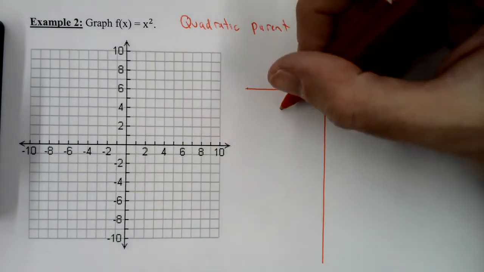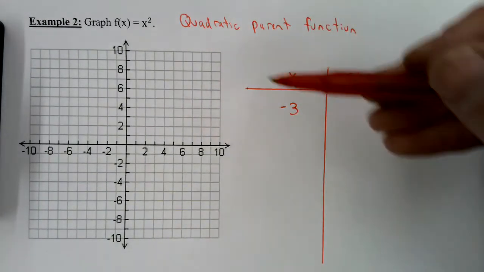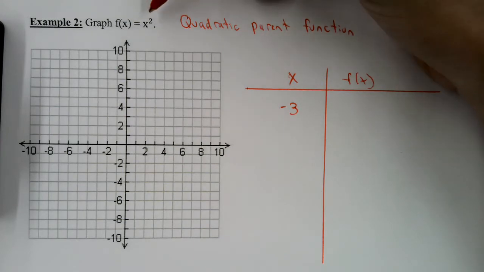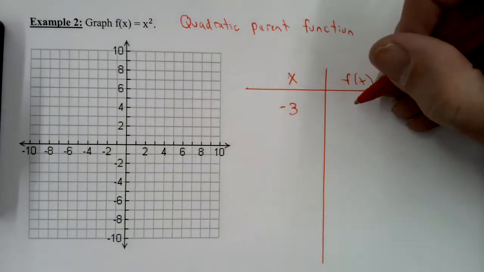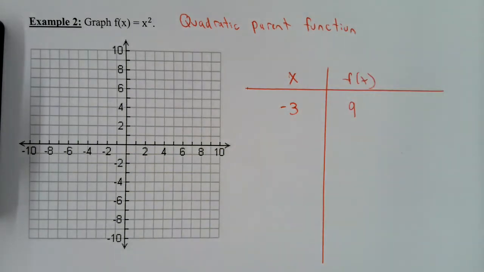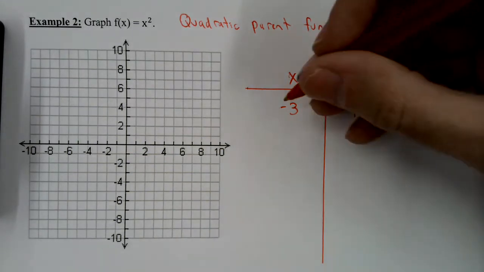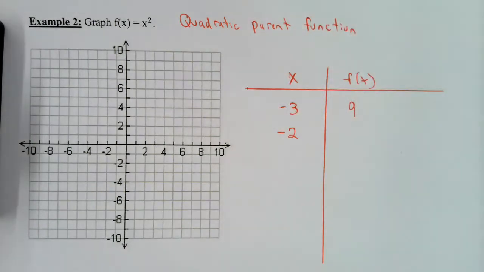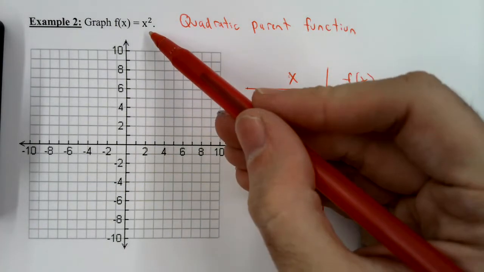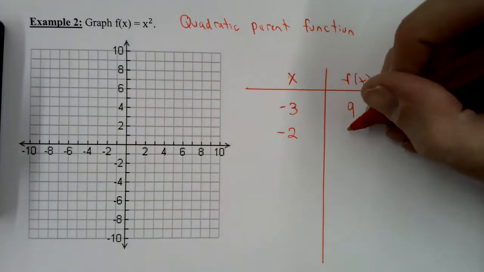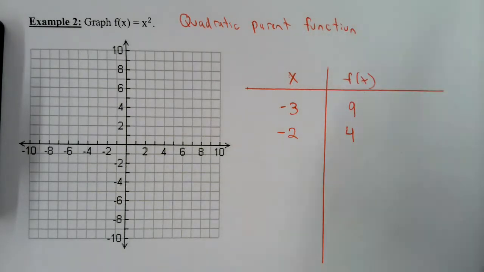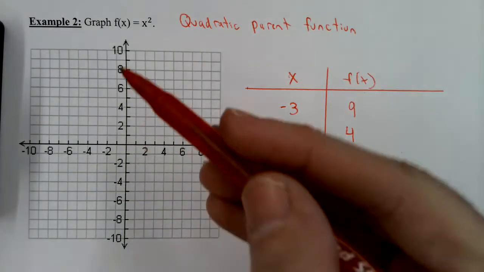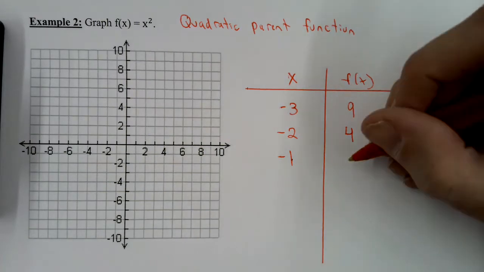When x is negative 3, f of x equals x squared, so you're going to do negative 3 squared, and you get 9. How about when x is negative 2? You're going to do negative 2 squared, and that's 4. When x is negative 1, negative 1 squared is 1.